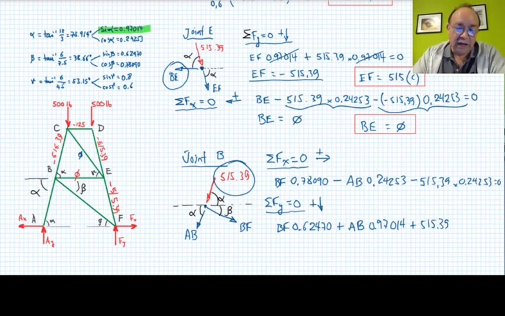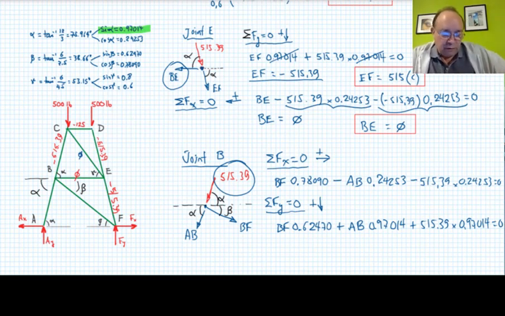Remember, always 5 significant digits when you are using intermediate calculations, multiplied by sine alpha also, multiplied by 0.97014 equals to 0, right? So this is sine.